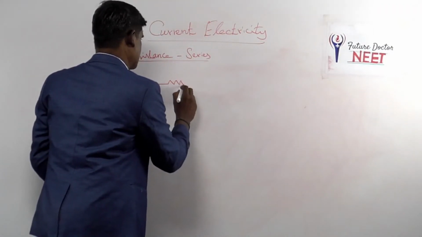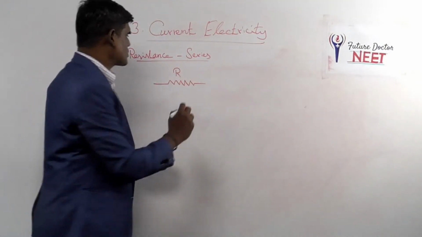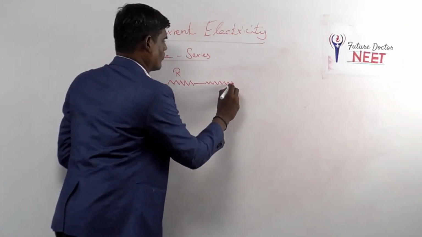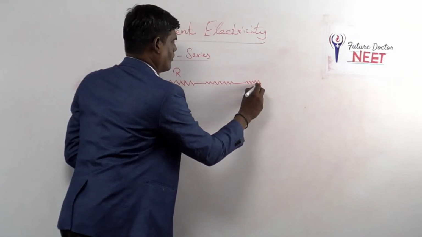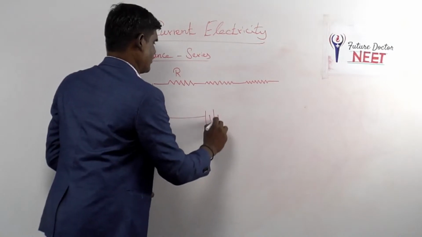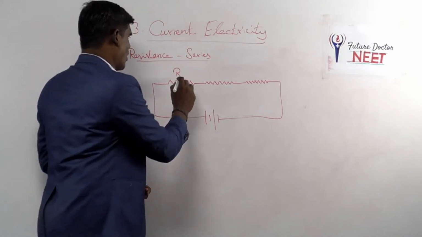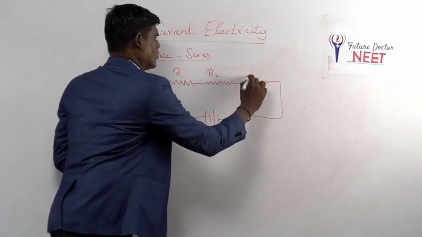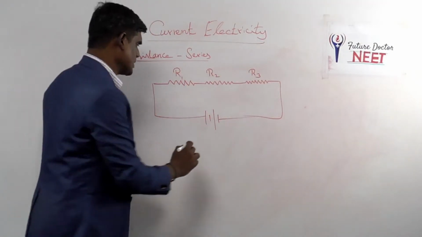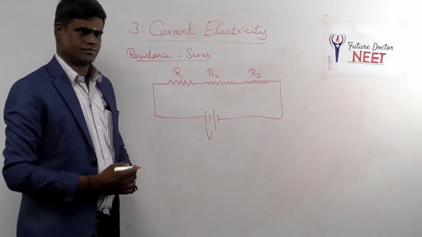This is the symbol for resistance, R. Suppose 3 resistors are connected in series like this. Then we can say this is resistance connected in series, as R1, R2, R3, three resistors connected in series with a battery. V is the voltage of the battery.